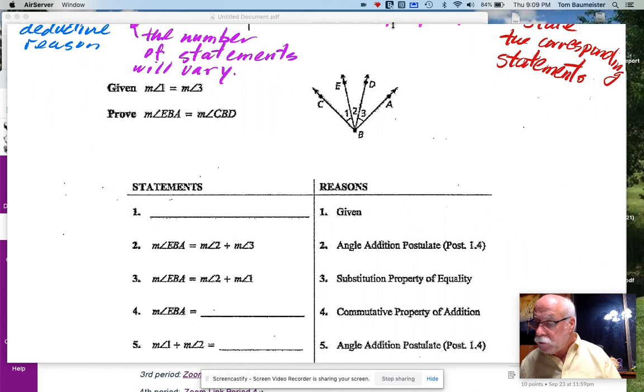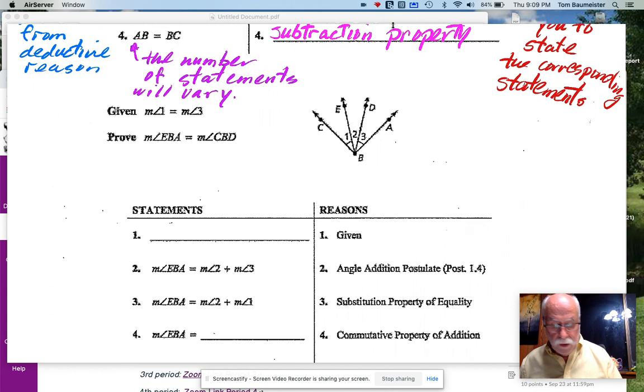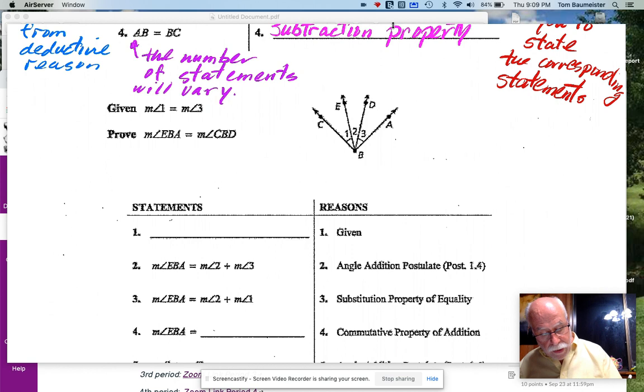All right. So on this one right here, we're given that m angle 1 is equal to, so the measure of angle 1 is equal to the measure of angle 3. All right, so again, remember what I told you. The first one is always something that is given.